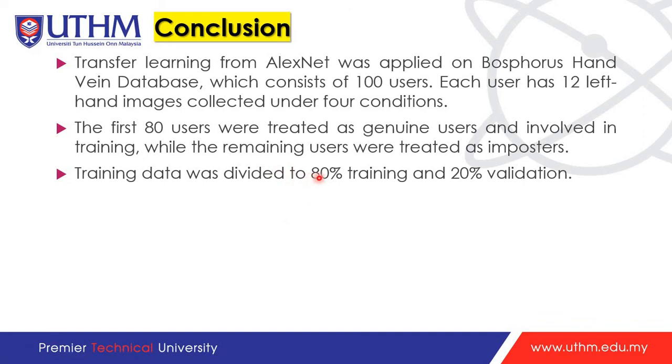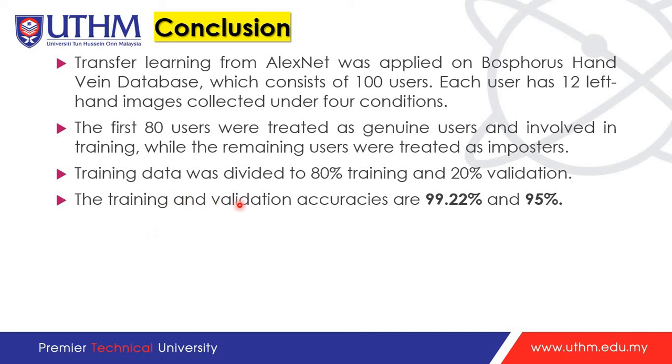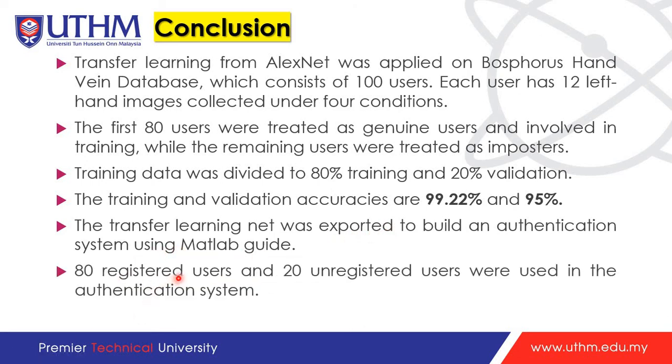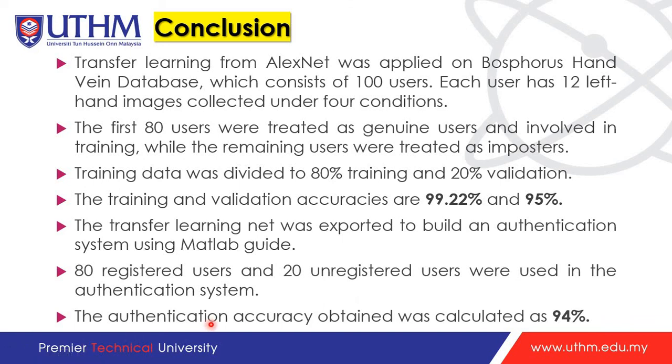Training data was divided into 80% training and 20% validation. The training and validation accuracy were obtained as 99.22% and 95%. The transfer learning net was exported to build an authentication system using MATLAB GUIDE. 80 registered users and 20 unregistered users were used in the authentication system. The authentication accuracy obtained was calculated as 94%.